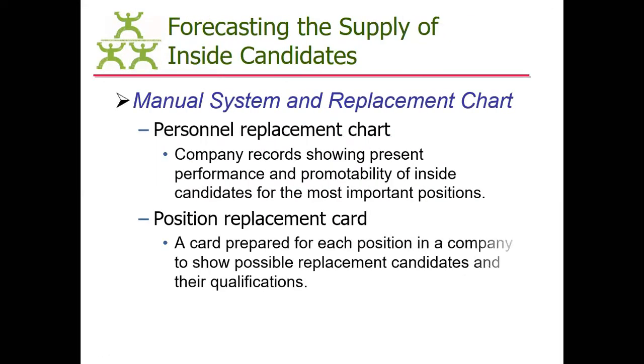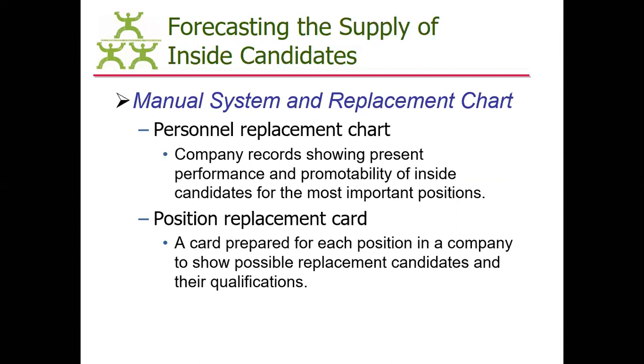Okay, we have some automatic or computerized and manual systems. So let's talk about the manual system and replacement chart. The personnel replacement chart is a company record that shows the present performance and promotability of inside candidates for the most important positions.